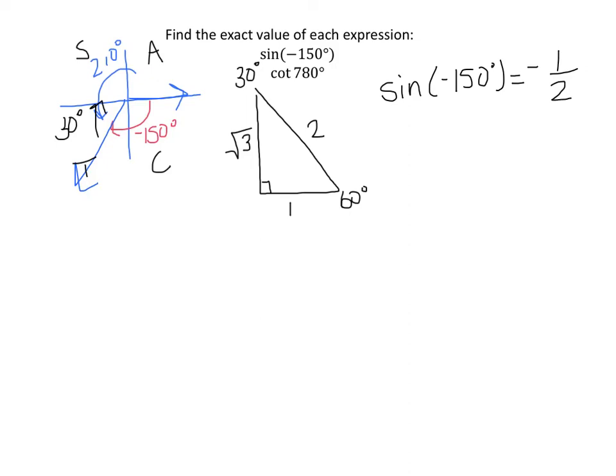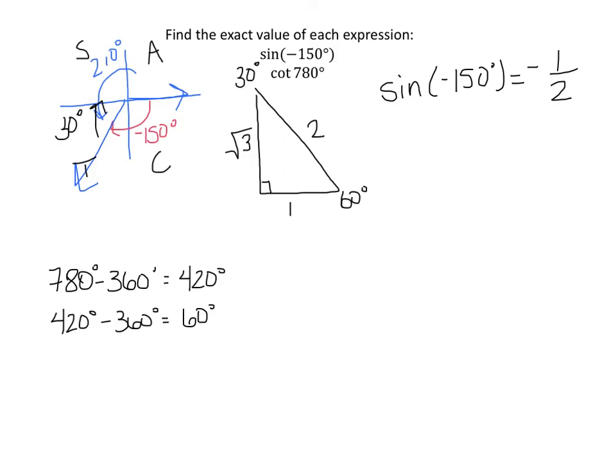For the next angle, 780, the first thing that I need to do is to find the least positive coterminal angle. So I'll take 780 minus 360, which gives me 420, and I'll take 420 minus 360, and that gives me 60 degrees.